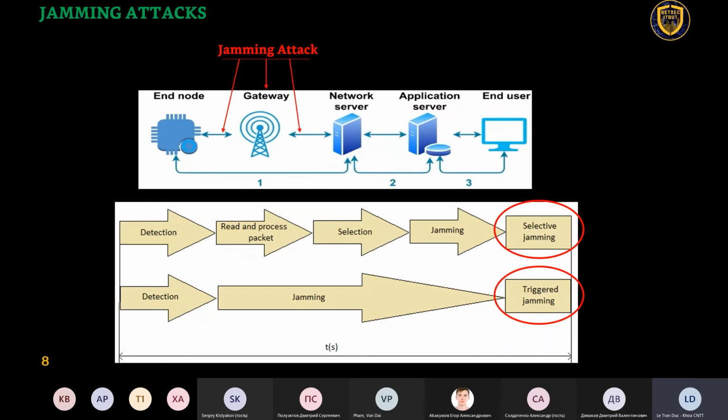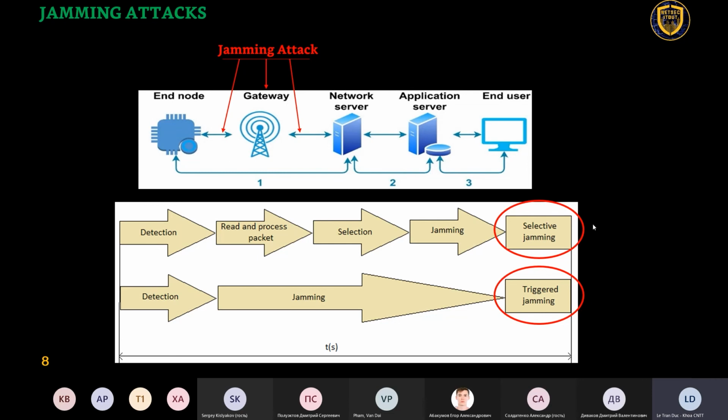However, the join procedure faces some critical attacks. The first one is the jamming attack, as I said before. The jamming attack is like a denial of service or DoS attack on the wireless channels. Its purpose is to interfere with the access between the end device and network server by emitting a noise signal in the vicinity of the LoRa end device.